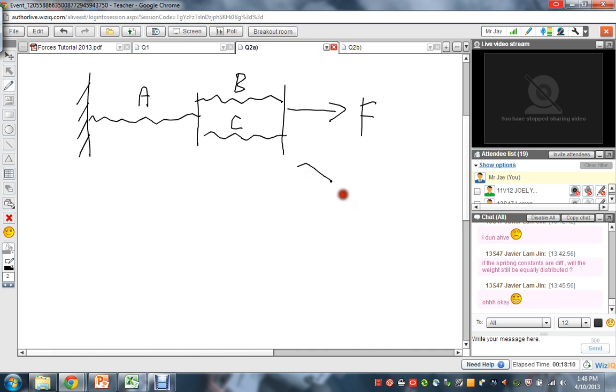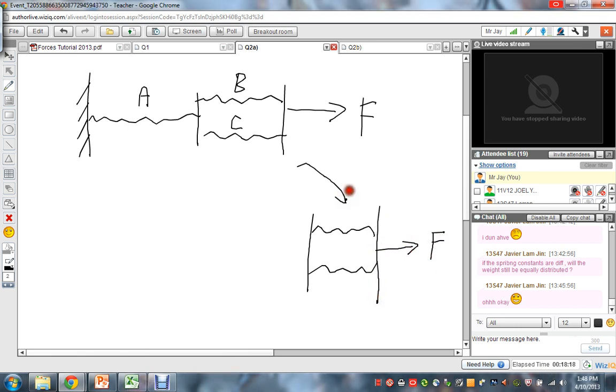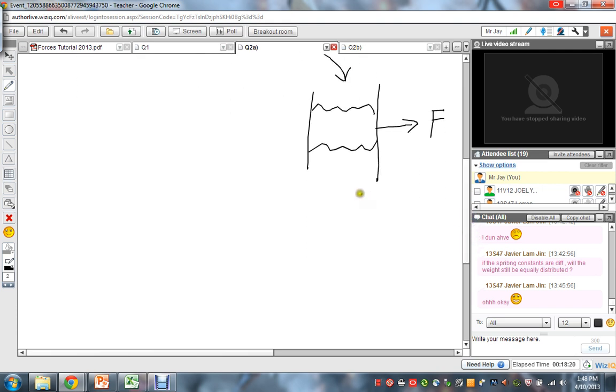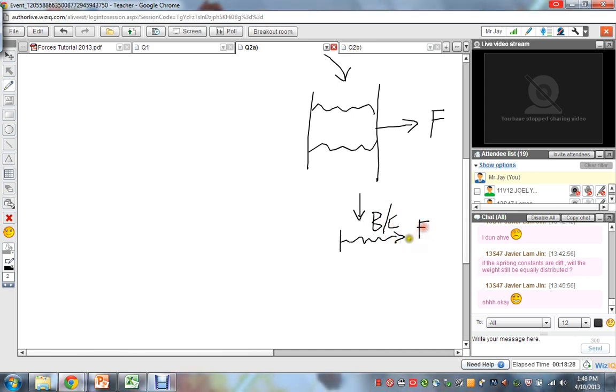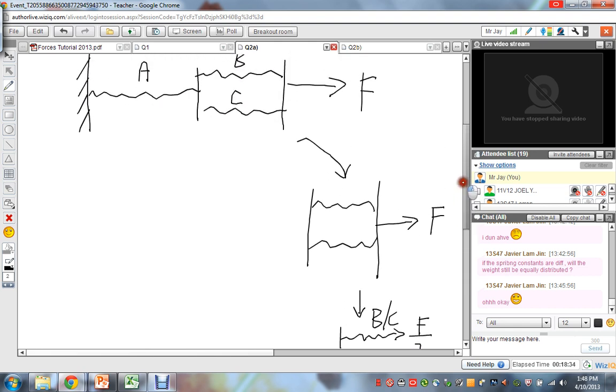Because for this case, B and C, the force here is F, which means that the force on B or C is F over 2.